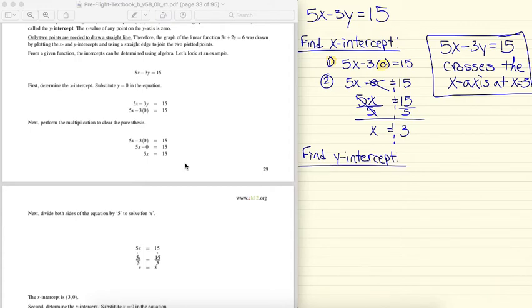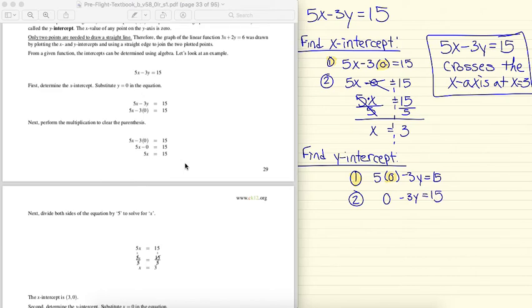So we are going to go through and do step 1, which is going to be plugging 0 in for x this time. So that plugging 0 in for x is that first step. Step 2 is solving for y. Well, 5 times 0 is just 0.